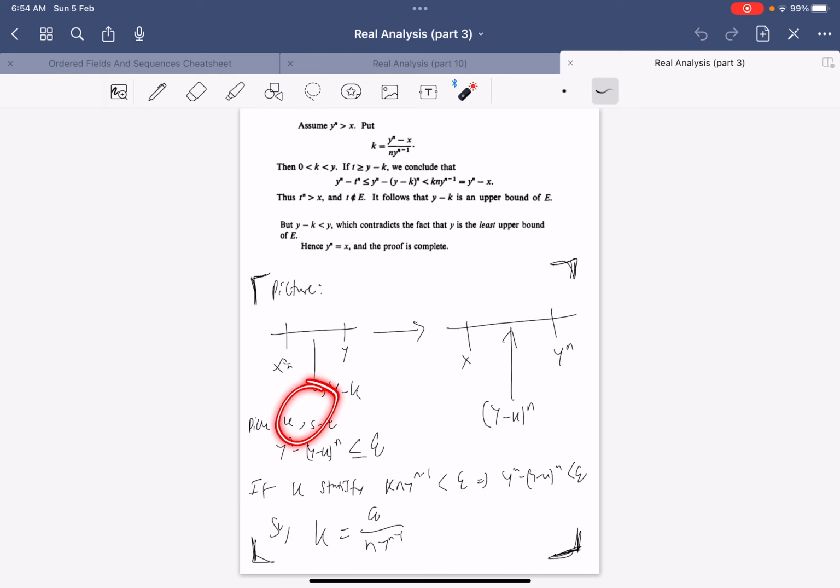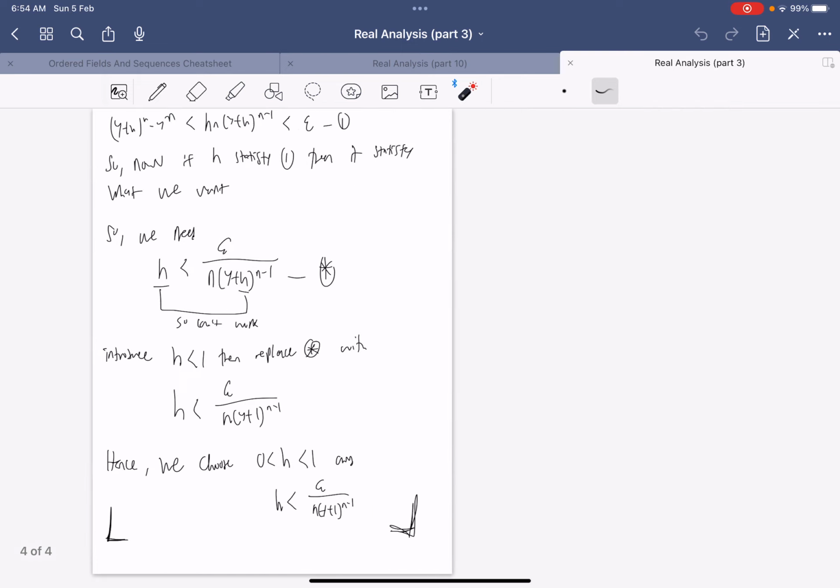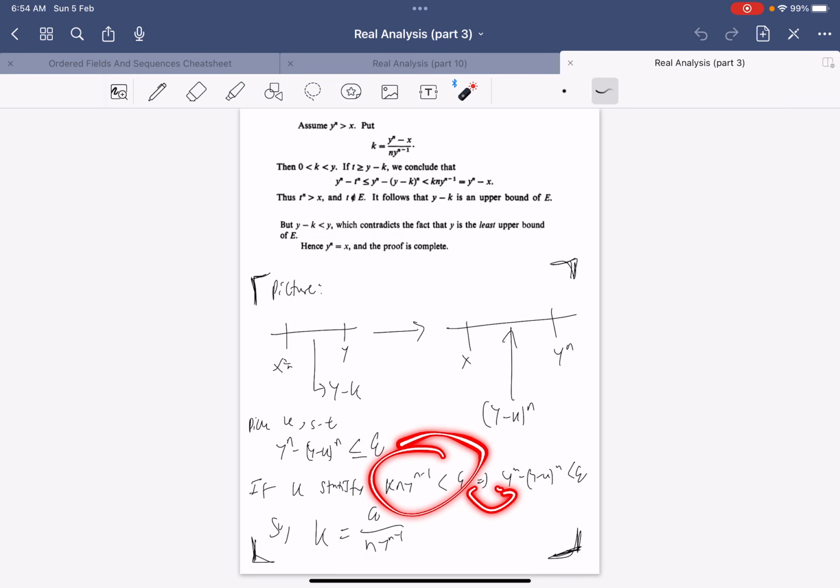So we pick a k such that y to the power n minus (y minus k) to the power n is less than epsilon. And this epsilon is equal to y to the power n minus x. And so if k satisfies the inequality k times n times y to the power n minus 1 less than epsilon, and how we got this is really from the identity here, then the original inequality we want is satisfied.